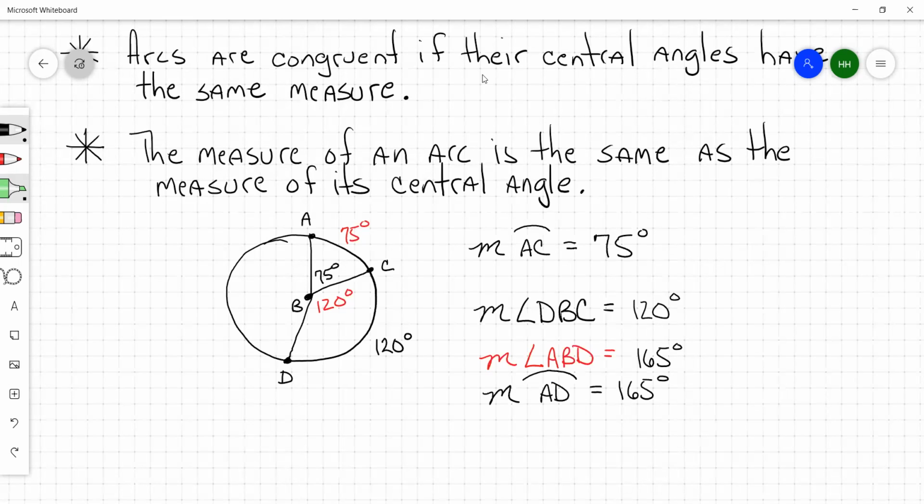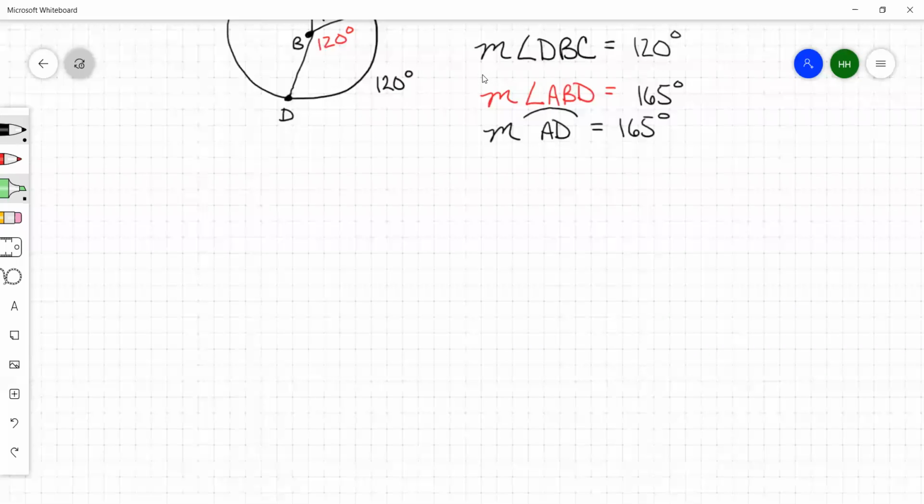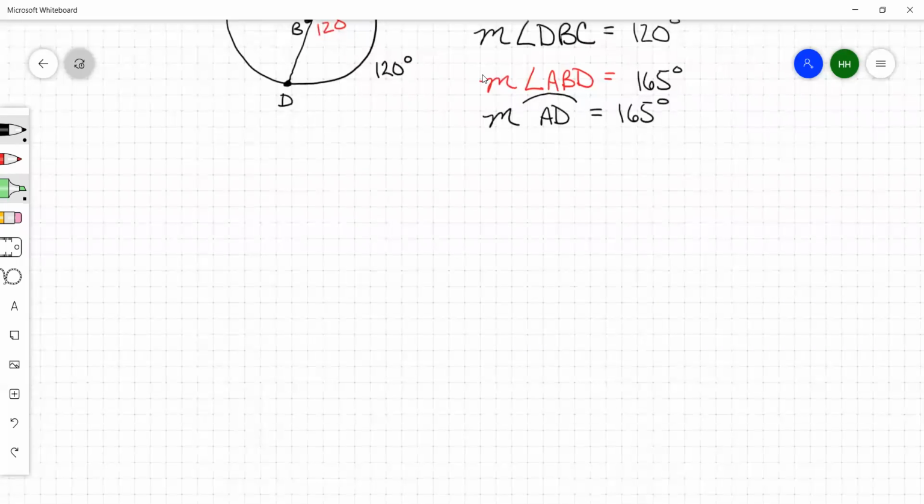All right, and then finally here we're going to talk a little bit about arc length.